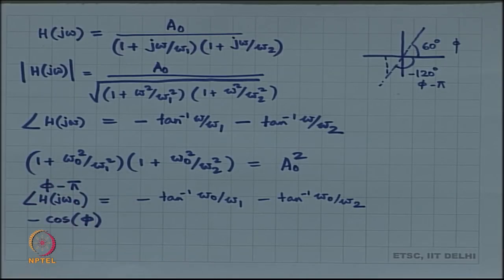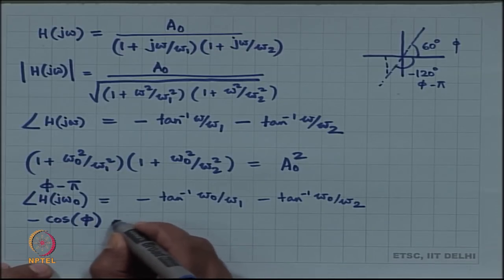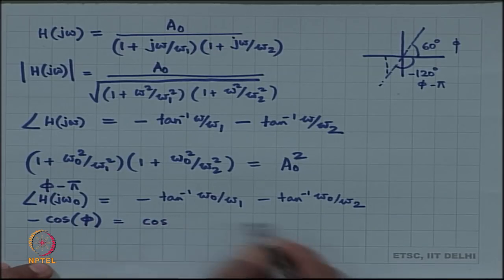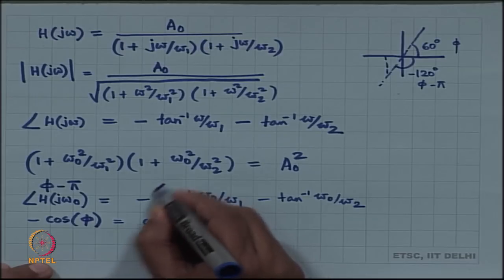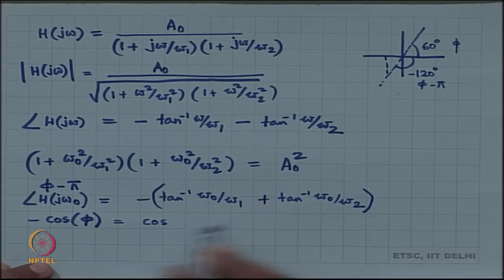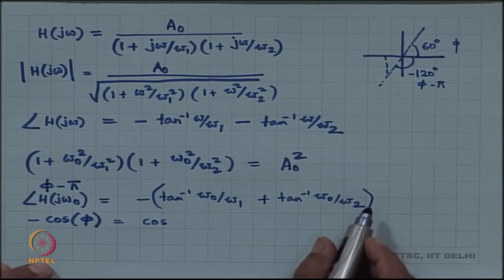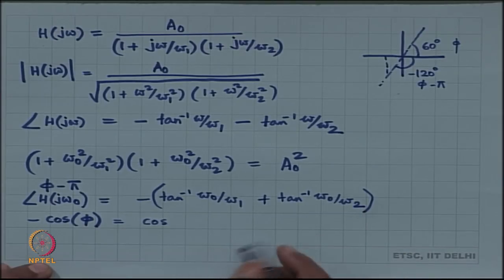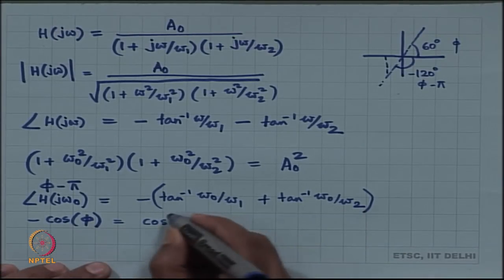Okay. Cos of phi minus pi is nothing but minus cos of phi, and if I take cos of minus something, then that is the same as cos of the sum.